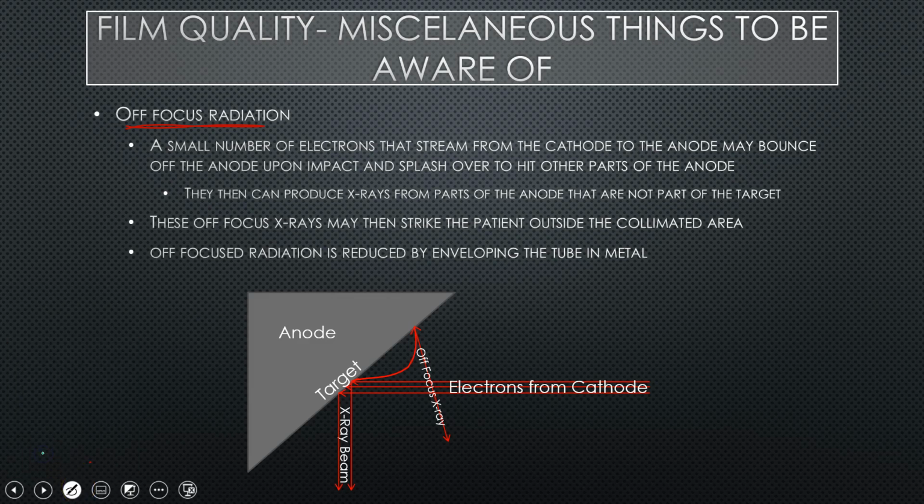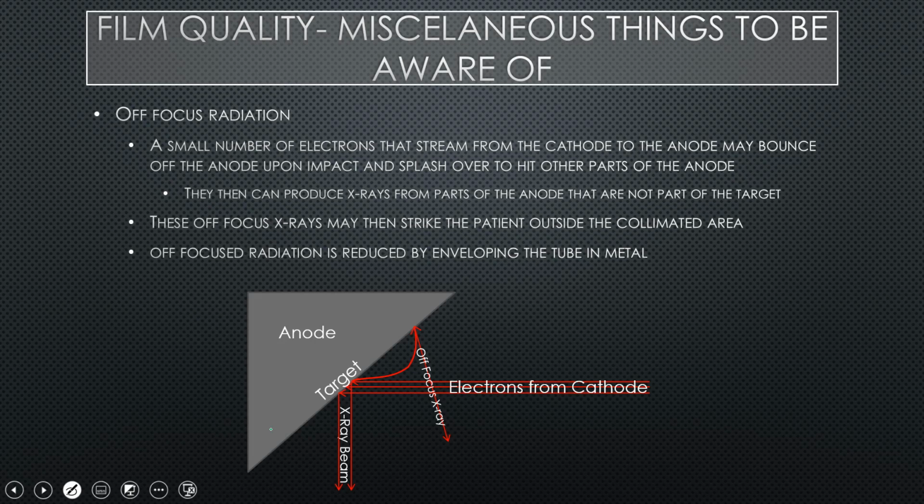So it'll go from the cathode here, and it'll bounce where it needs to, but also go to other aspects of the anode. And it says they can produce X-rays from parts of the anode that are not part of the target itself.